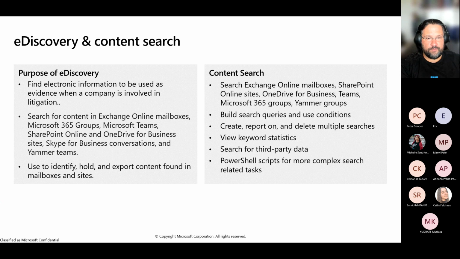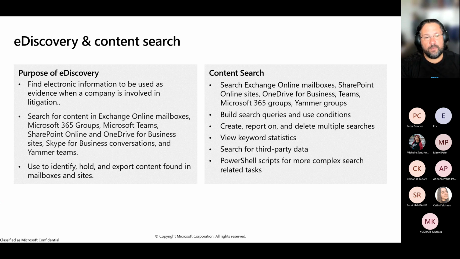Content search is a little bit different. See, the eDiscovery is done in a very particular way so that chain of trust can be maintained, because you don't want to provide evidence to show someone's not guilty, but then have that evidence dismissed because you can't prove that the evidence wasn't tampered with.